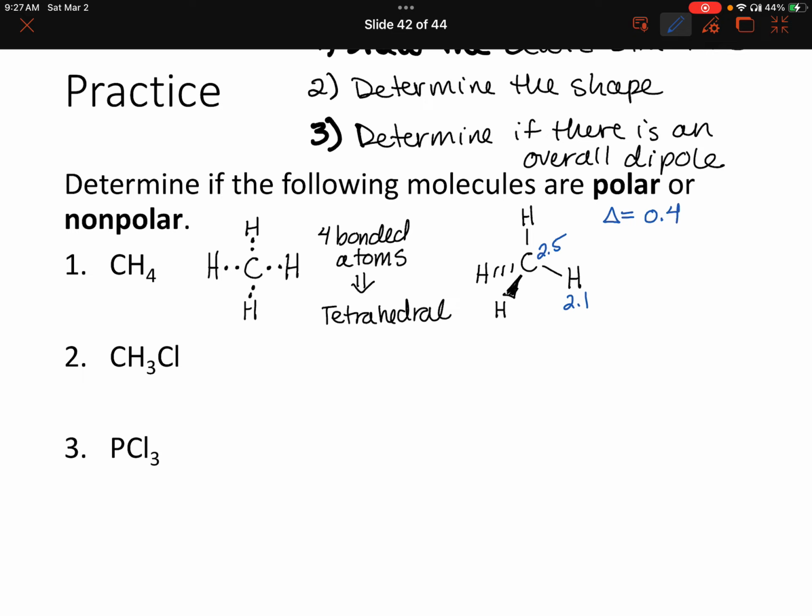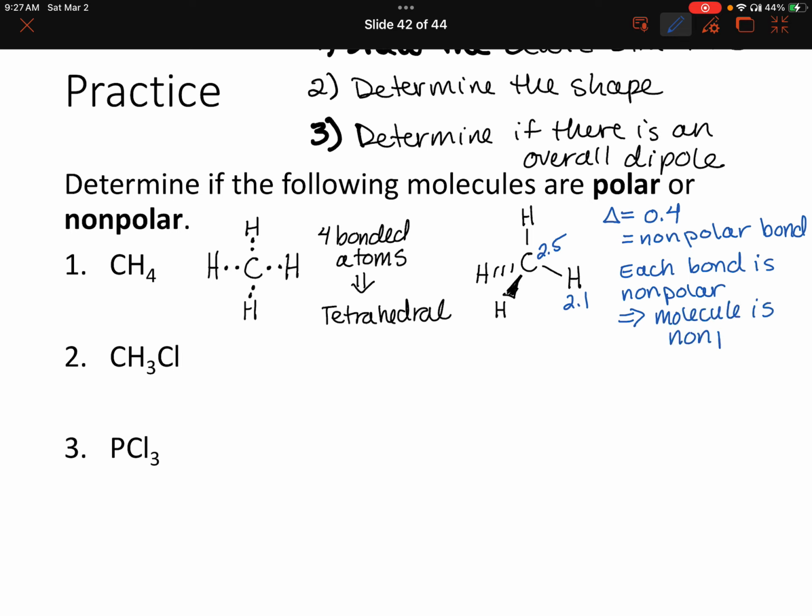So this is actually going to count as a non-polar bond, the carbon-hydrogen bond. So if each of the bonds around carbon are non-polar, then that means the molecule overall is non-polar. So each bond is non-polar. So the molecule is non-polar.